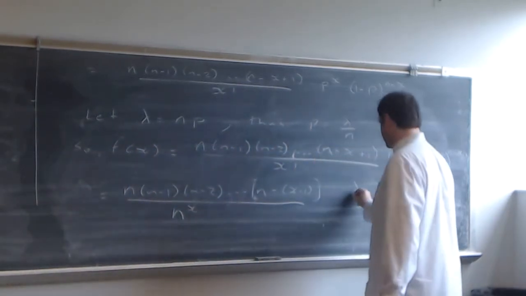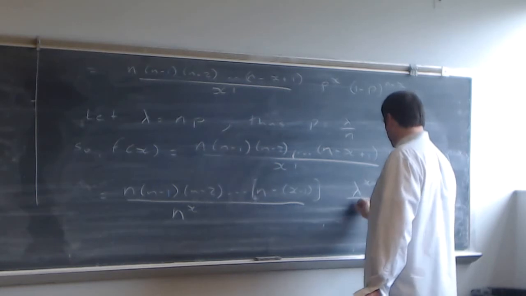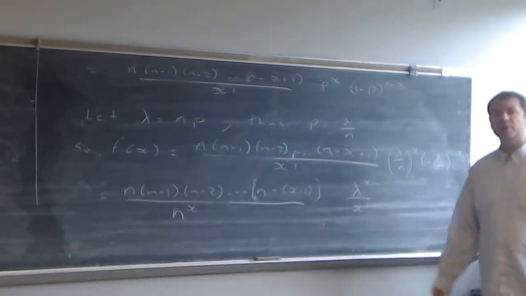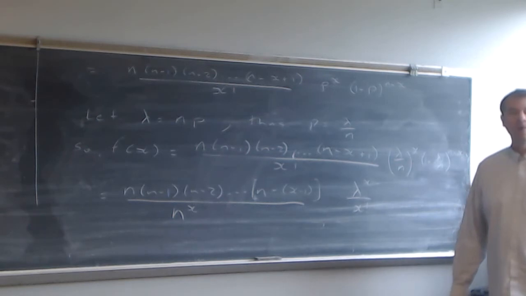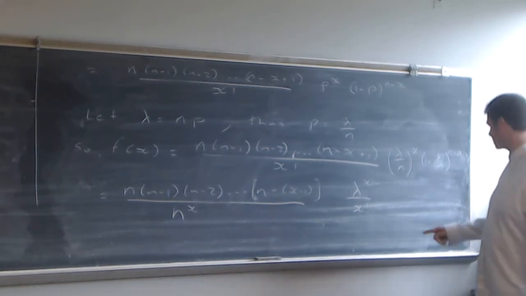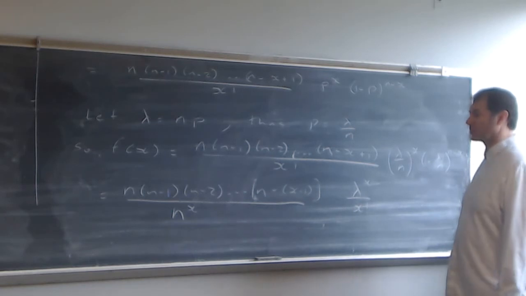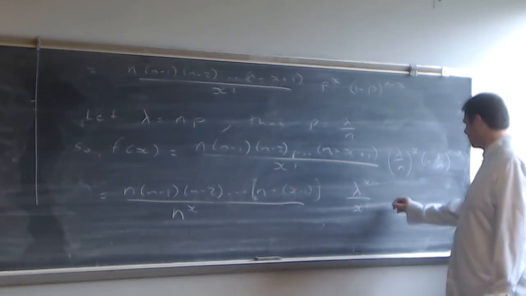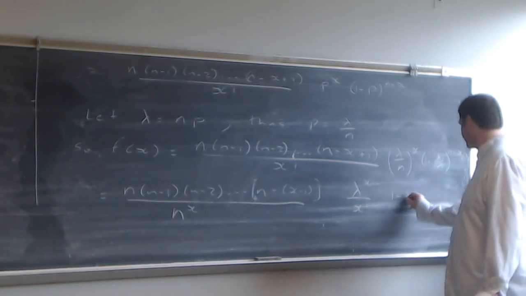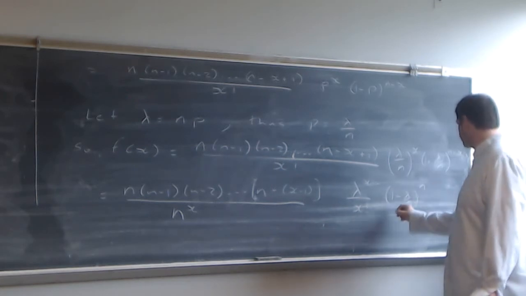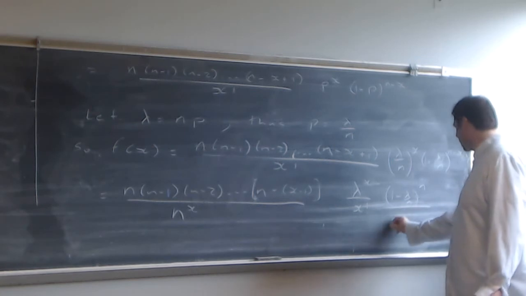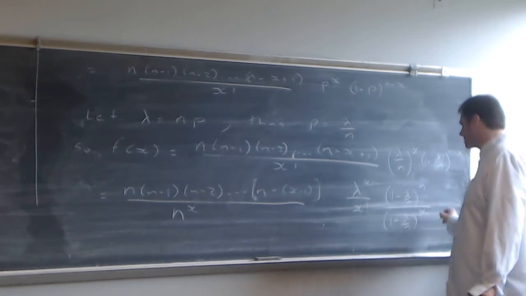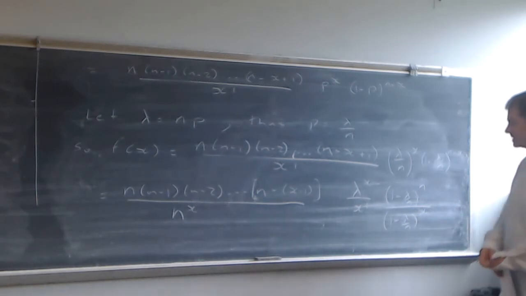I'm going to rewrite this as lambda to the x over x factorial, because that looks like part of the PMF of the Poisson. So I'm trying to make the binomial's PMF look like the Poisson PMF in some sense. And here I'm going to rewrite this as 1 minus lambda over n raised to the n, all over 1 minus lambda over n raised to the x. So that's where we are.